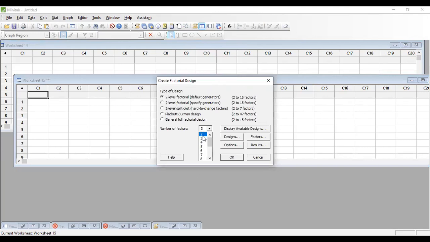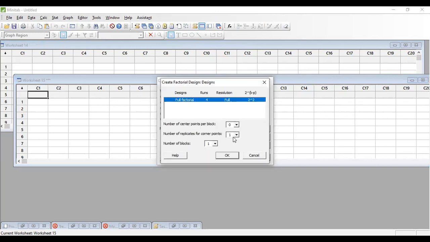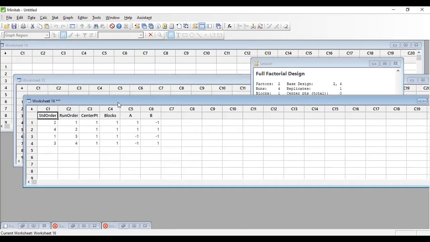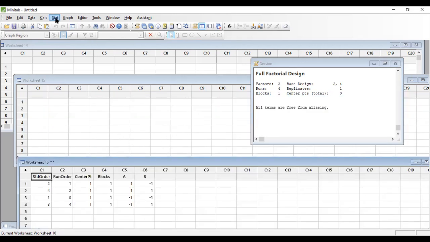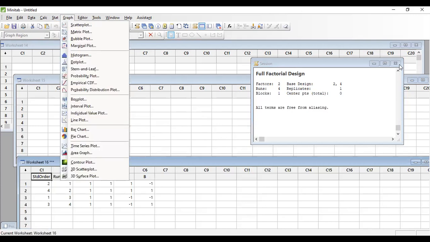You can use 2 factors, then design, full factorial design. Then you can see how it happens, A and B. There are 2 factors at 2 levels, right? How to get this design.